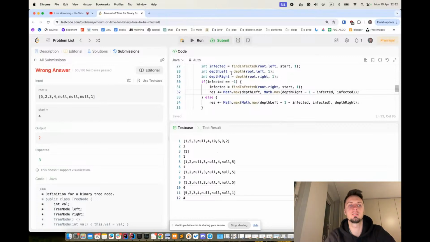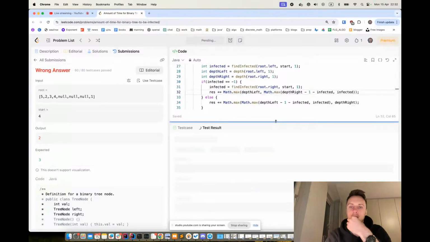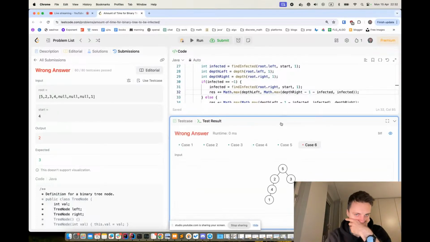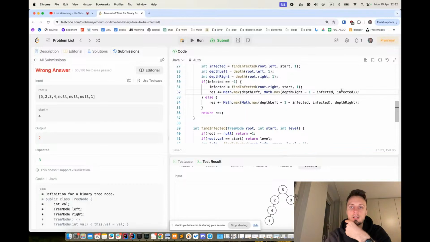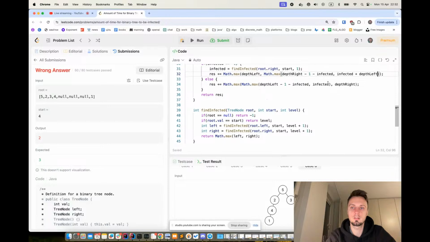Yeah, for sure we didn't pass. Let's try to check what we have. Okay, now we have 4, but the output is 2, but we expect something else. Infected plus depth left, I believe. And here, infected plus depth right.